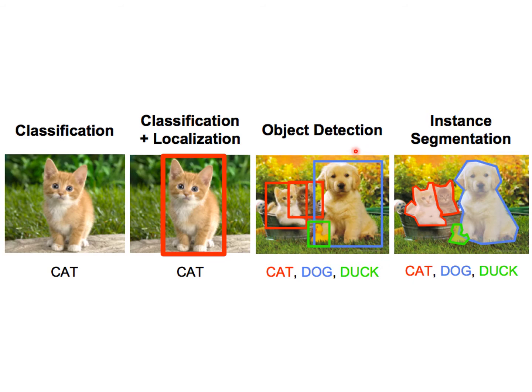And then instance segmentation does it in more detail, because for localization or detection, we only roughly tell where the thing is with a bounding box. But for segmentation, we need to be very careful and have a pixel-level label, like these pixels belong to the dog and the rest belong to other objects.